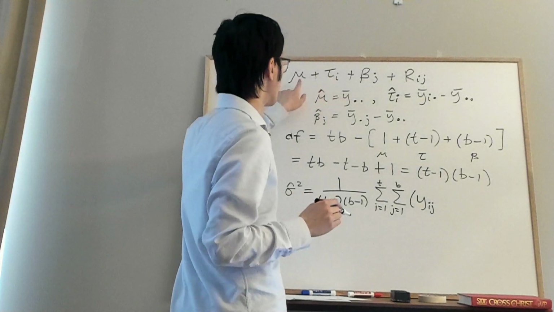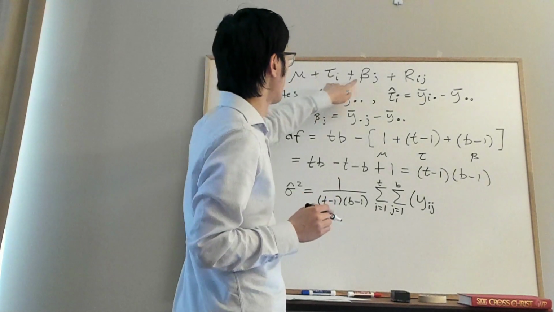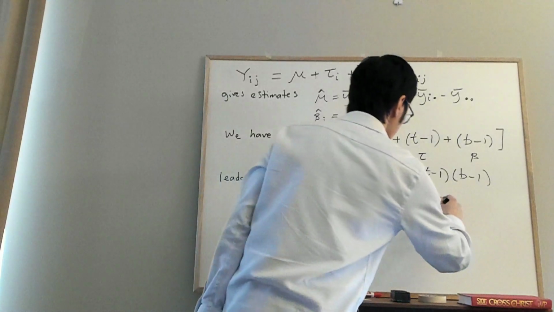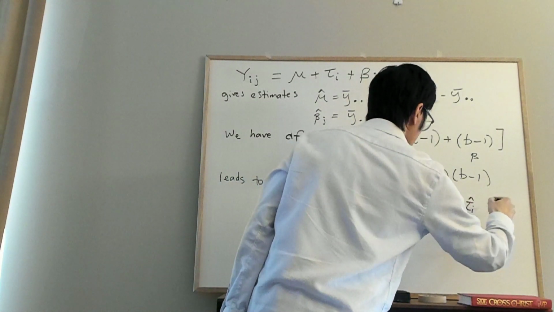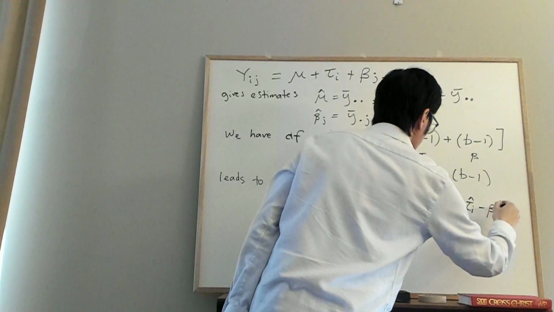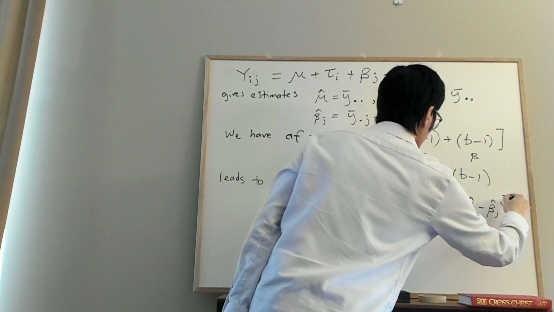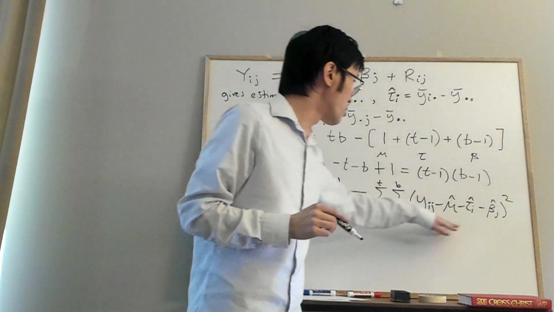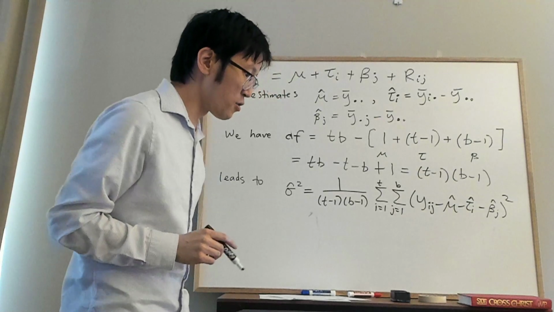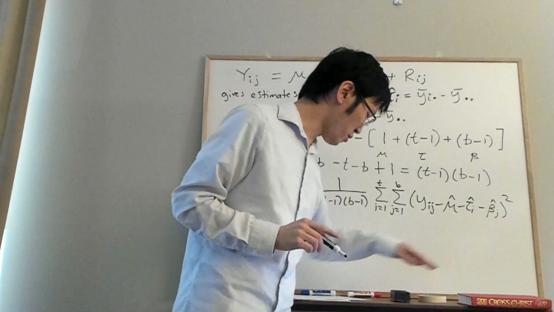So the same things we had in the least squares expression, mu, tau i, beta j with hats, so with the estimates. That is the residual. This double summation is the residual sum of squares for this model.